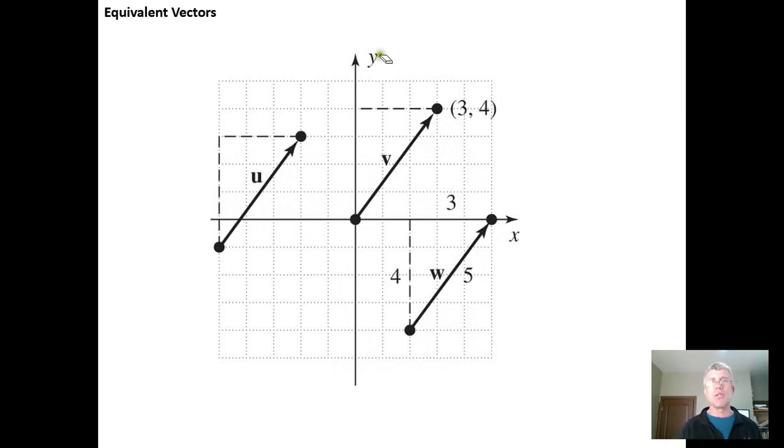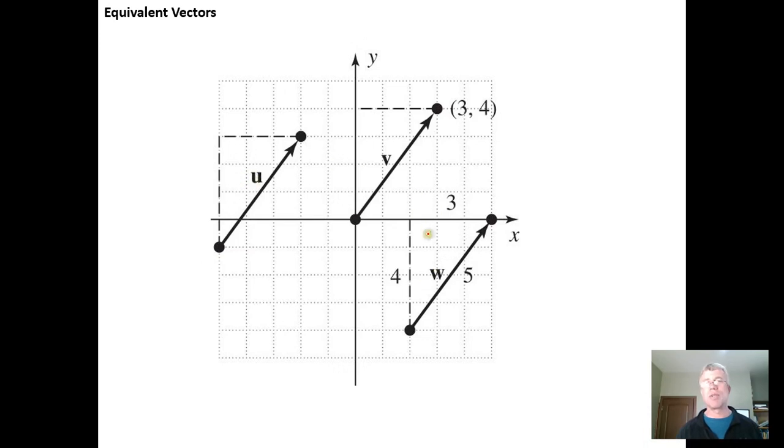Equivalent vectors. So the idea here is that if you have a vector of a particular size pointing in a particular direction, this vector actually represents the set of all vectors that point in that direction and have exactly that same size. Say here I have 3 different vectors, each of which is the same length, each of which points in exactly the same direction.